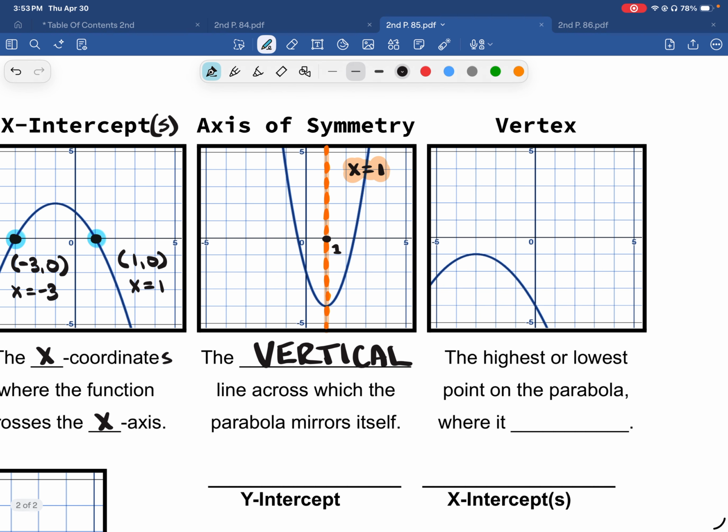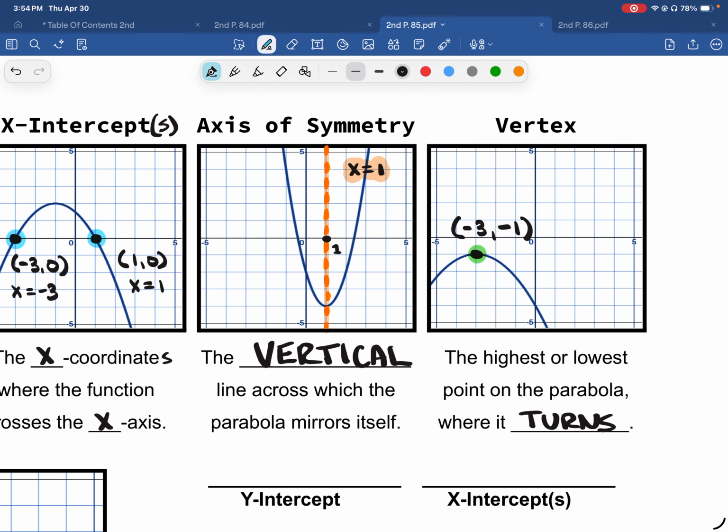Your vertex is the highest or lowest point on the parabola where it turns. For this example, the vertex is this point right here at the tip top of the parabola. That ordered pair is -3, -1.